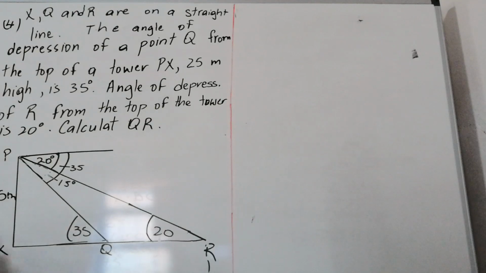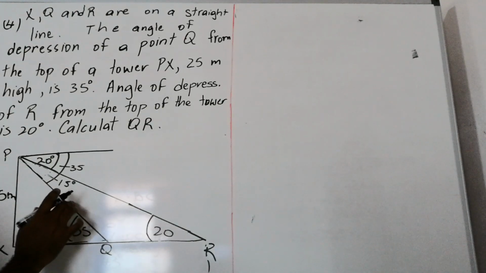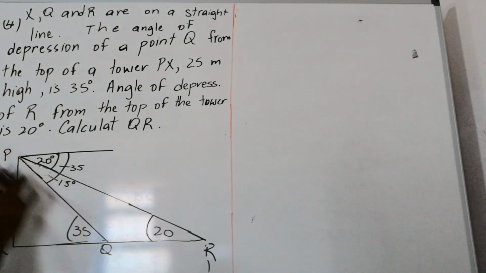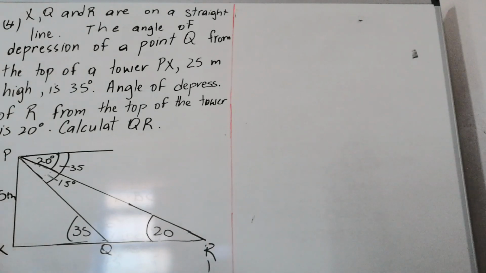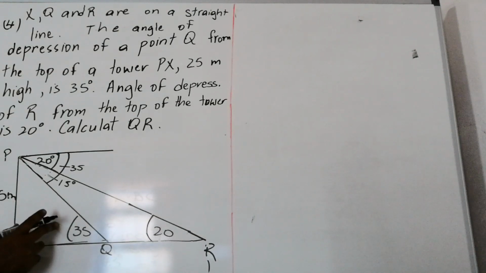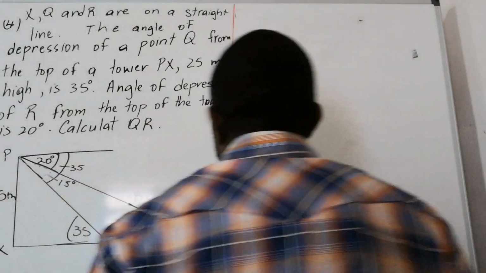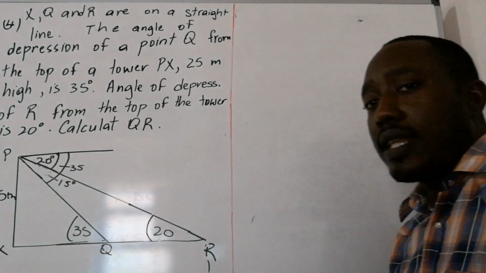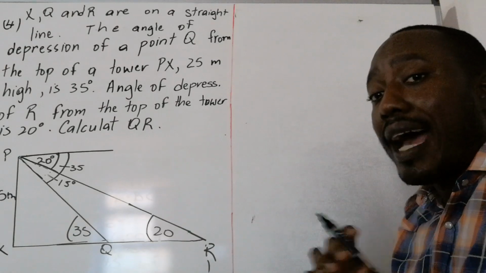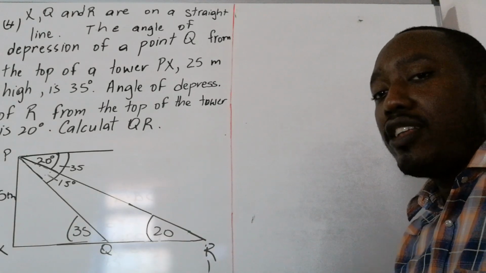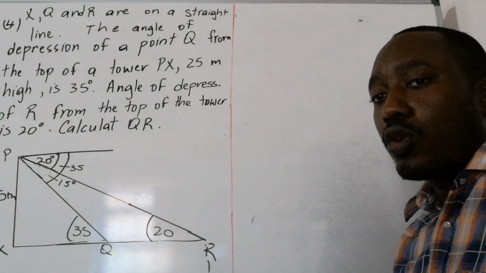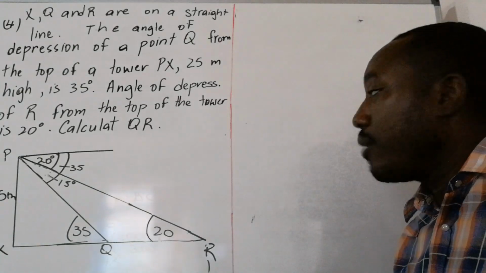So here we have the opposite. We need to find this side, the line PQ. So how do we do that? We have the opposite and we need to find the hypotenuse. When we have the opposite and the hypotenuse, that is the sine ratio, opposite over hypotenuse.